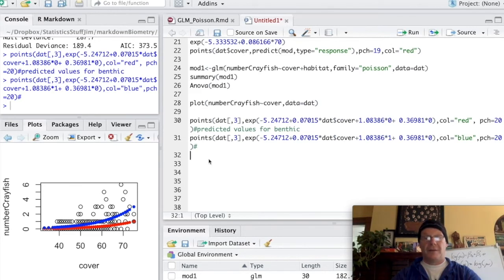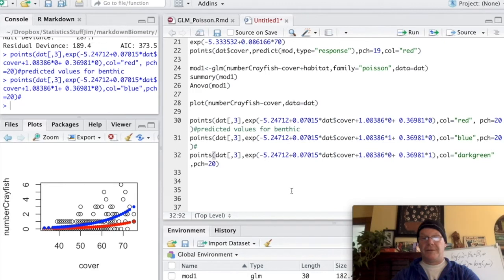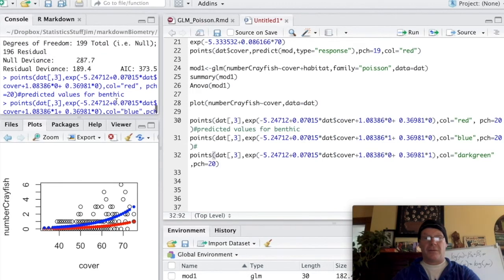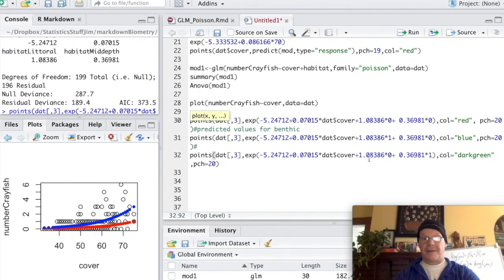And then I will go ahead and do that for one last one, which is going to be for the mid-depth habitat. And so again, everybody's going to get the intercept, everybody gets the slope associated with the amount of cover. Because we're interested here in mid-depth, we are going to multiply the parameter for littoral by 0. Again, switches on and off.